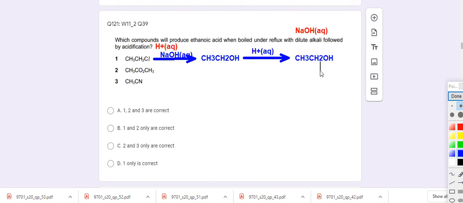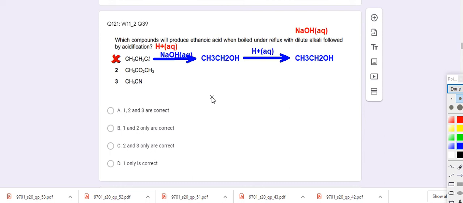So in this case, we did not get ethanoic acid. From compound 1, no ethanoic acid, so I'm going to put a cross here. Rule out that answer. That is not one of the answers that we wanted.